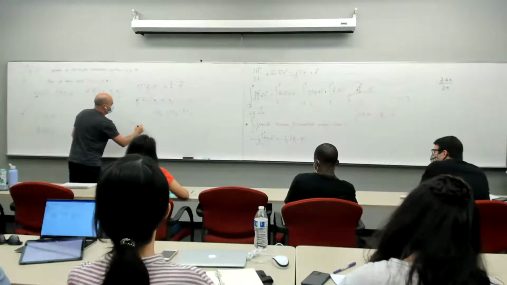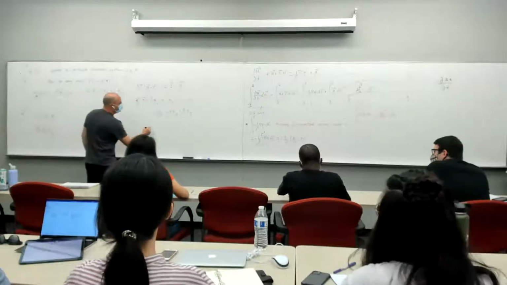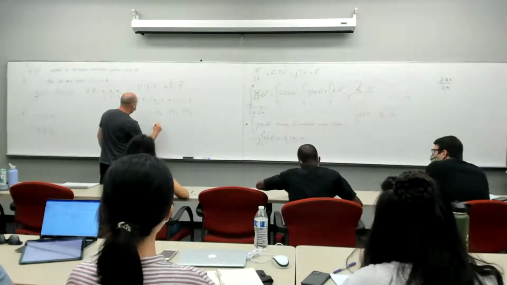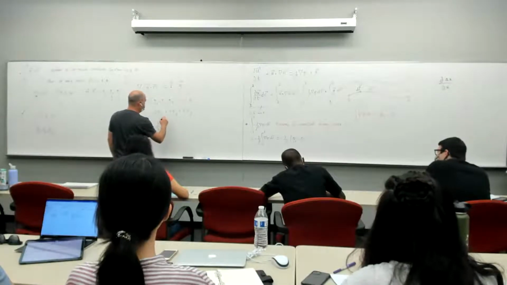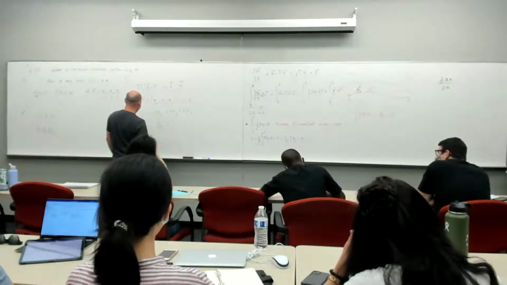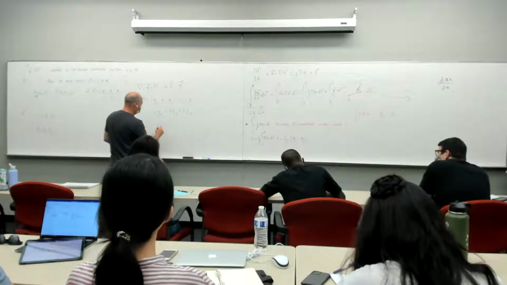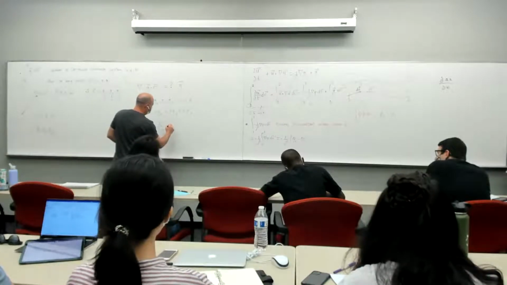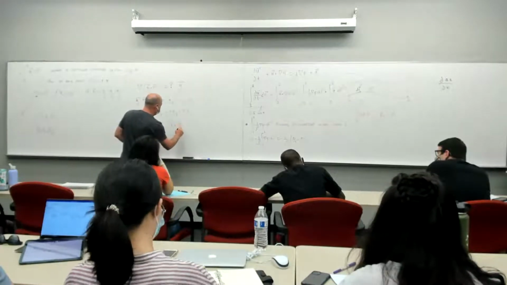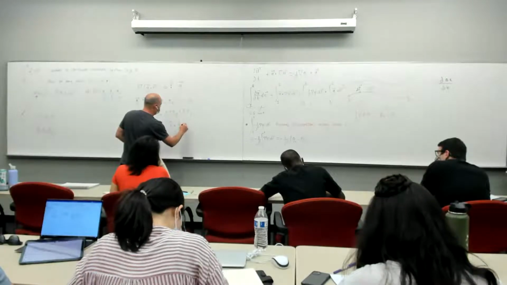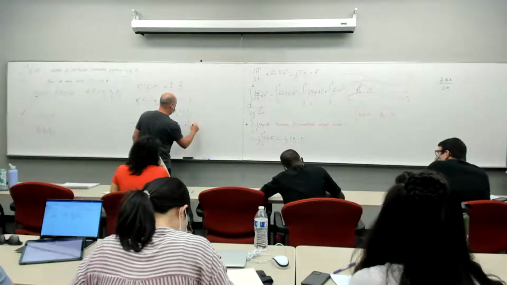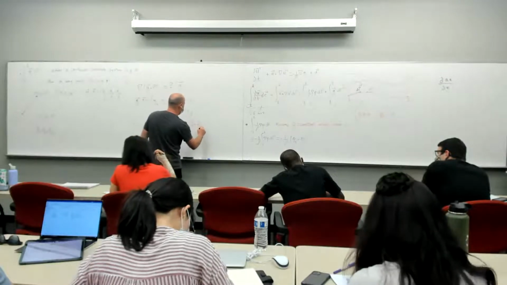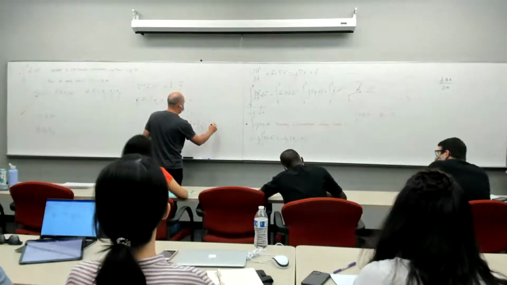The gradient of this is equal to d by dx of all of this, because that's the gradient of a scalar, i plus d by dy of all of this quantity, j plus d by dz of this entire quantity, k.